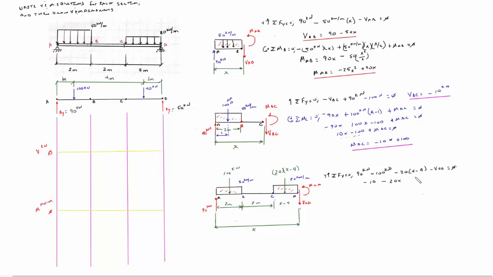Now negative 20 times the negative 4 is going to be plus 80 minus my shear from C to D is equal to 0. So negative 10 and 80, that's going to be negative 20x plus 70 minus shear from C to D is equal to 0. So shear from C to D is going to be negative 20x plus 70.